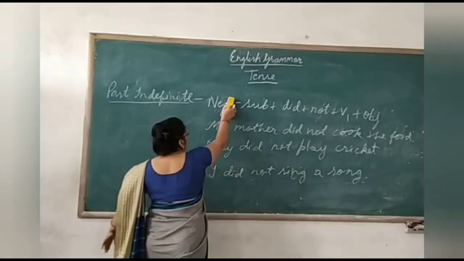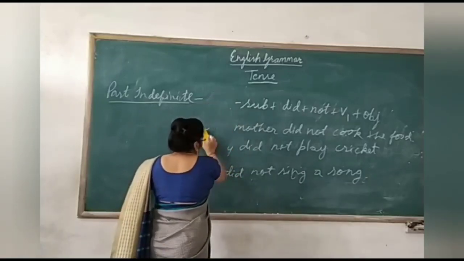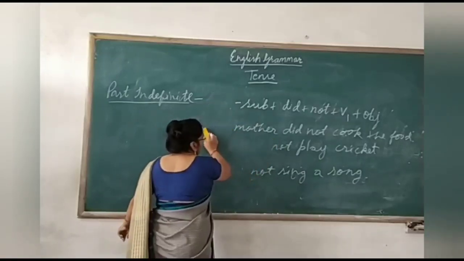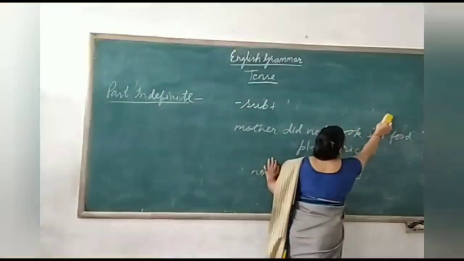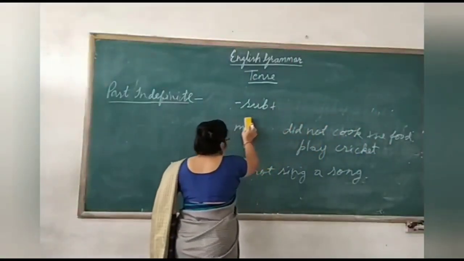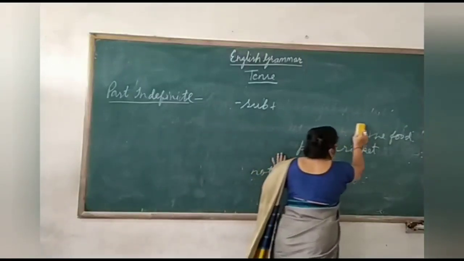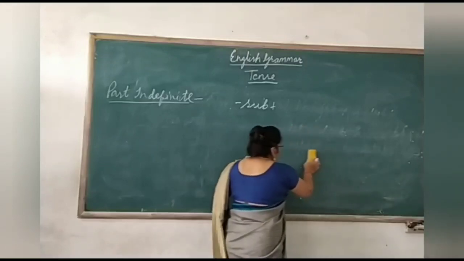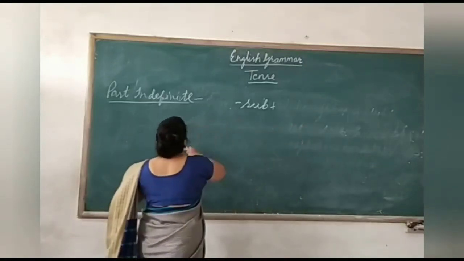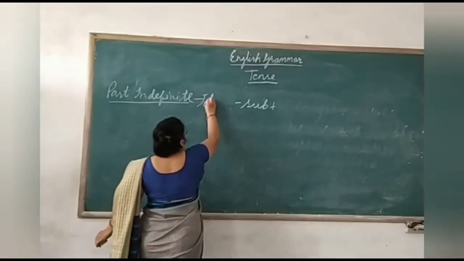Now let's see the interrogative structure. What happened in the interrogative structure here, children? You know well, I have already told you that in interrogative, whatever the helping verb is there in the structure, that you will write in the beginning. For example here, interrogative.